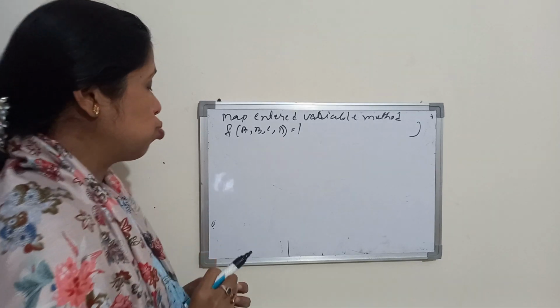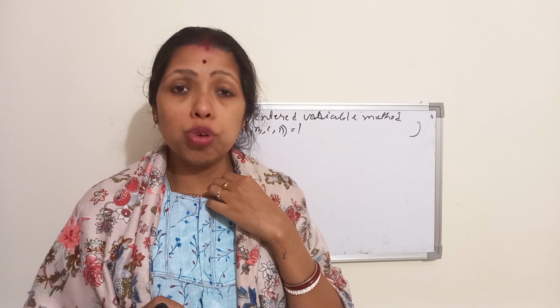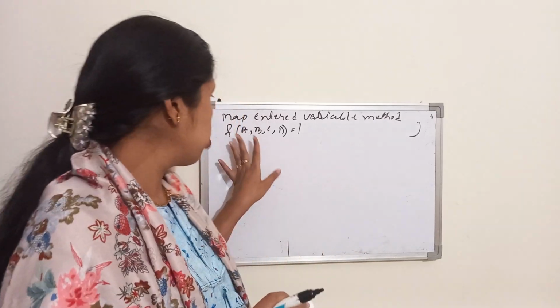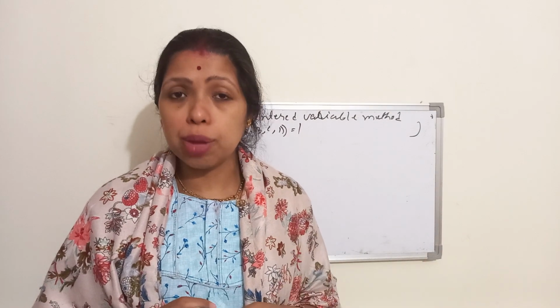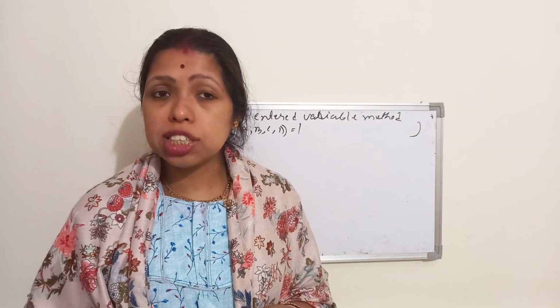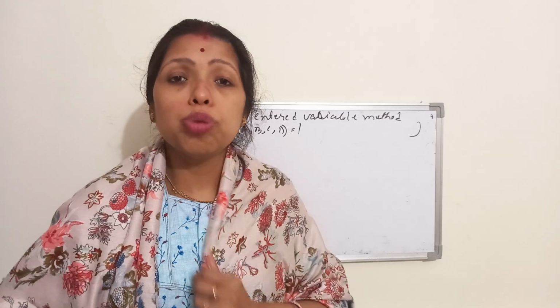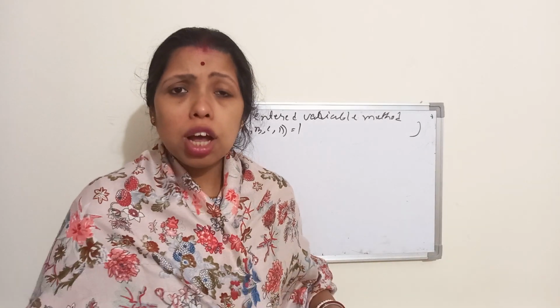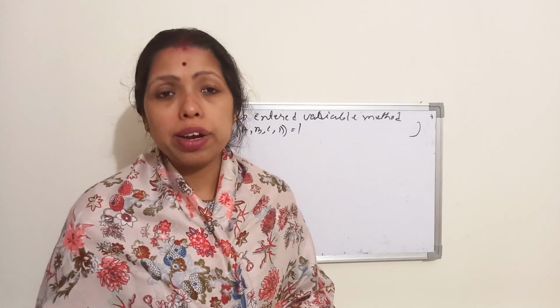For realizing and minimizing this function, you have to use a three variable K-map. Normally, if four variables are there, we use the four variable K-map. But if the question says you have a four variable function and you cannot use the four variable K-map, then you have to use the map entered variable.